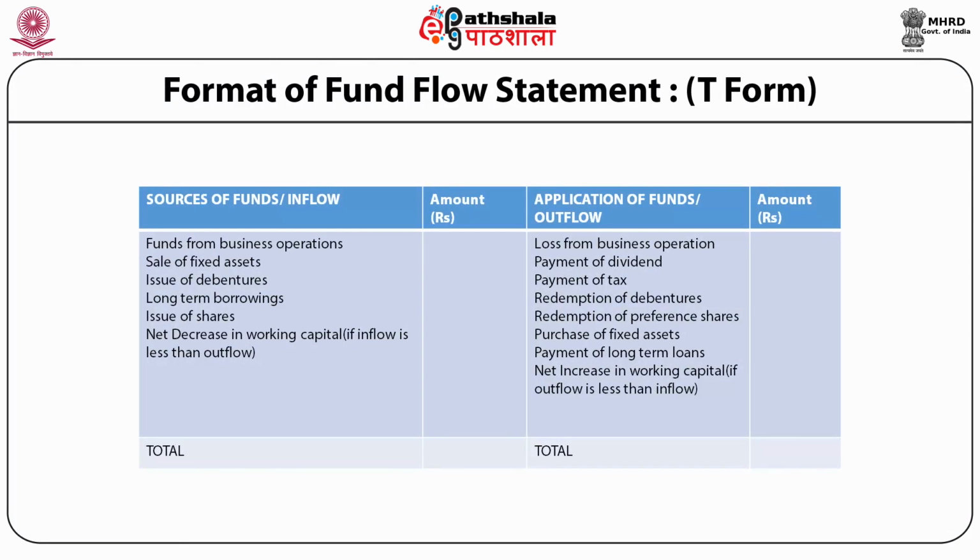The format of the fund flow statement in T form is given here. There are two sides. One is sources of funds or inflow of funds, and the second side is application of funds or outflow of funds.